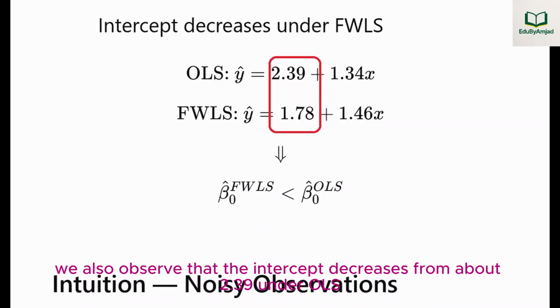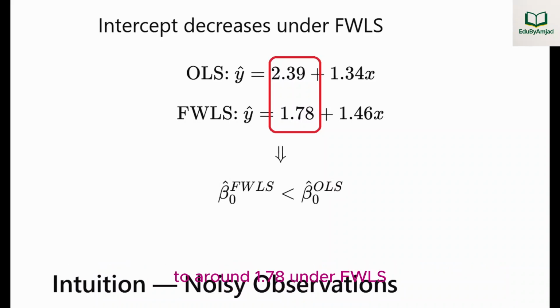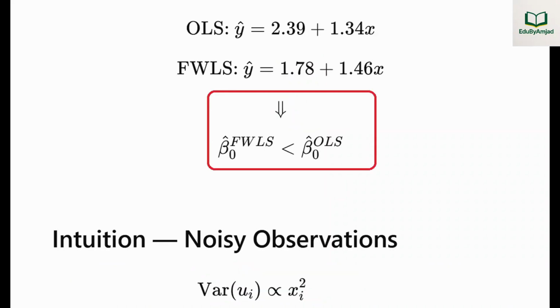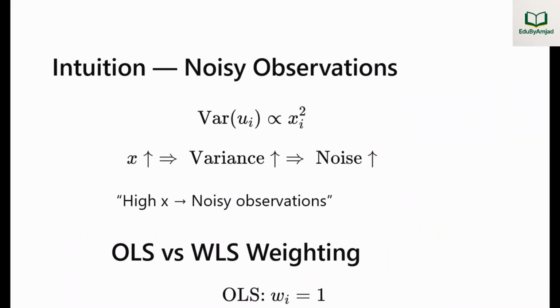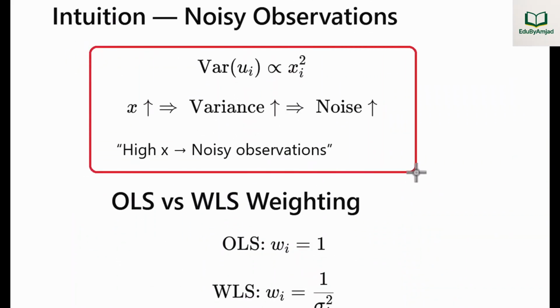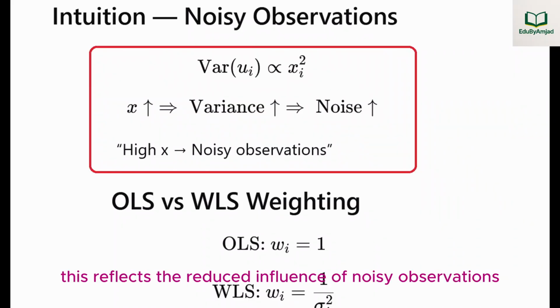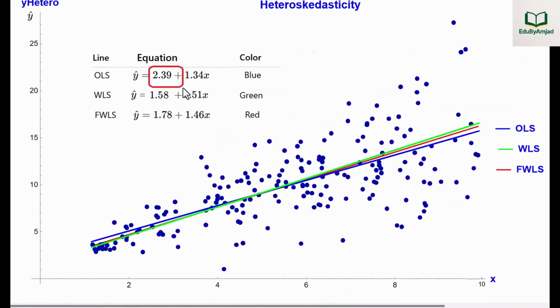We also observe that the intercept decreases from about 2.39 under OLS to around 1.78 under FWLS. This reflects the reduced influence of noisy observations at higher values of x.